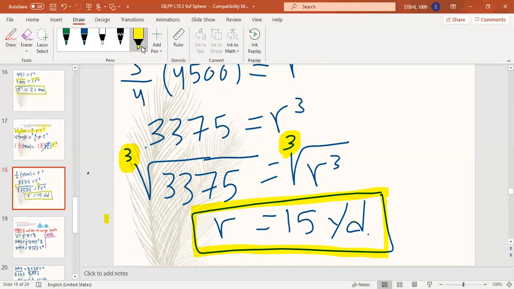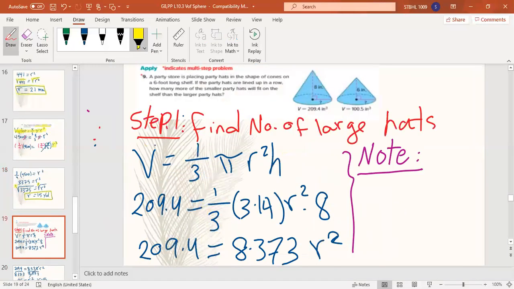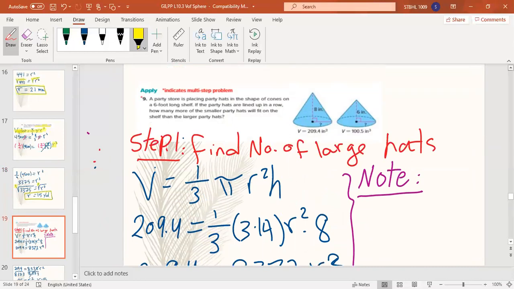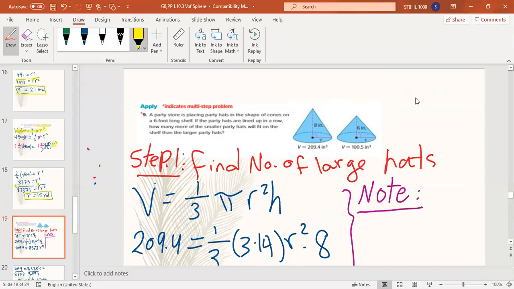And now we will go to apply finding volume of missing dimension in multi-step real life problem. This apply question, you will find it in your book, page 566. Exercise 9. A party store is placing party hats in the shape of cones on a 6 foot long shelf.